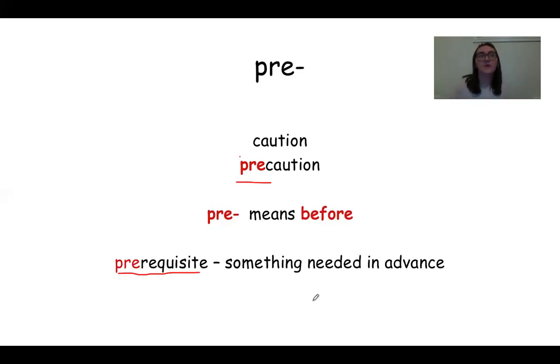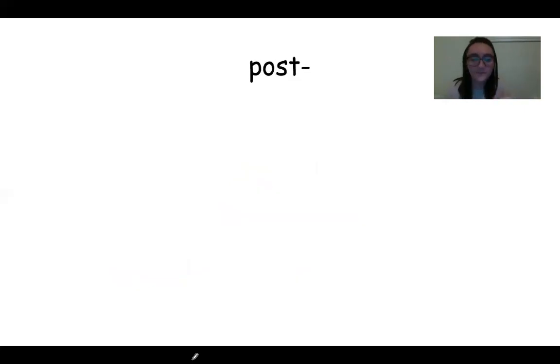So for example, when you become a nurse, there are prerequisites. There are certain things you need to do before. You could see this word and just see this beginning part right here, and you could go, okay, I don't know what the rest of the word means, but I know that pre means before. So that word is talking about something about before.